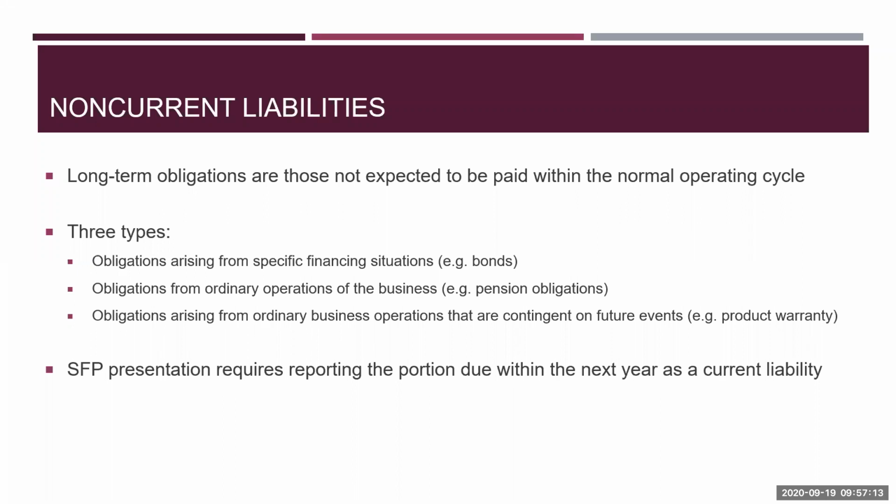So some of these long-term liabilities could have a current portion. We will take our total mortgage, take out our piece for the current liability, which will be paid in the next 12 months, and then the remainder becomes your non-current or long-term liability.